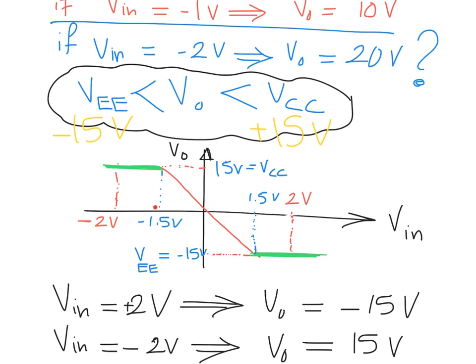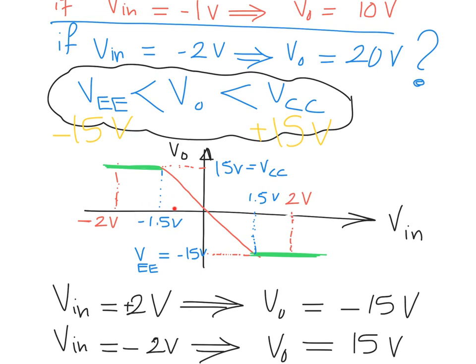What happens on the other side if your input voltage is negative from the beginning? Again, if you have minus 1.5 volt, the output voltage from the relation, minus 10 multiplied by this value, will be plus 15 volt, and this is your maximum voltage VCC.